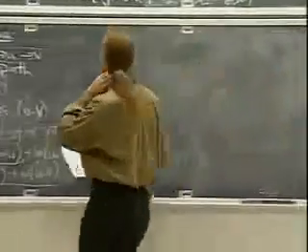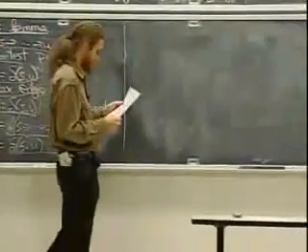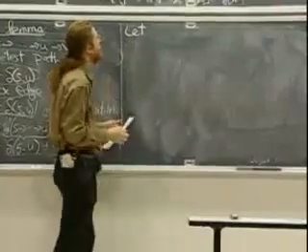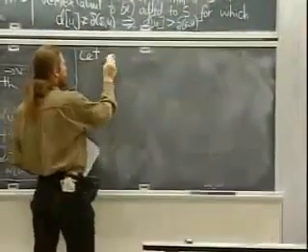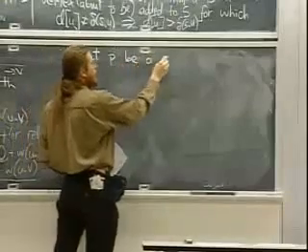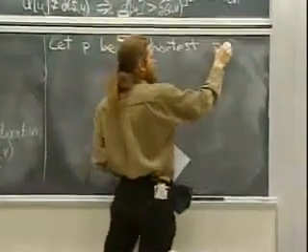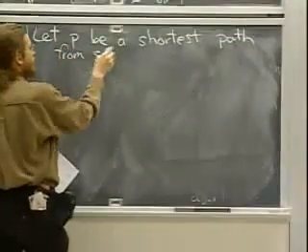So I sort of just want to draw a picture of what's going on, but I need a little bit of description. So let's look at the shortest path. Somehow d of u is greater than the shortest path. So consider the shortest path, or a shortest path. Let p be a shortest path, the shortest path from s to u.